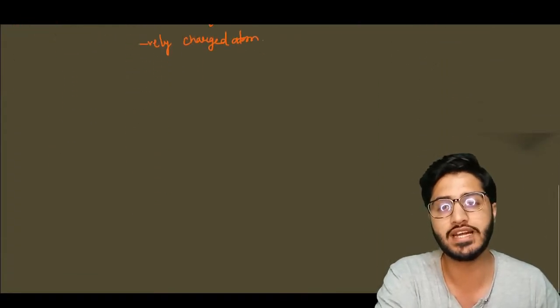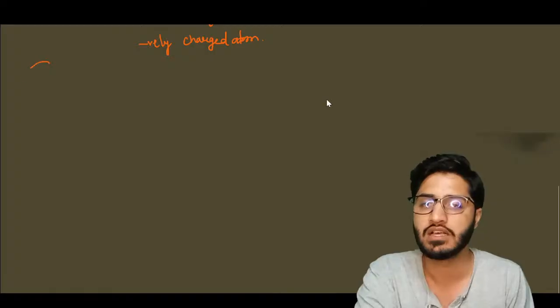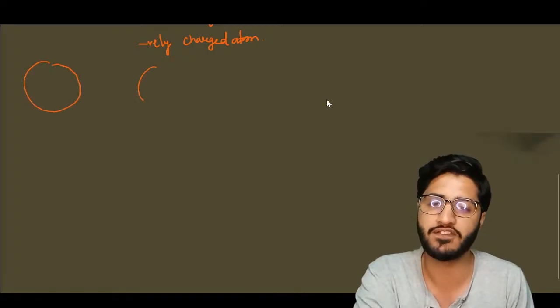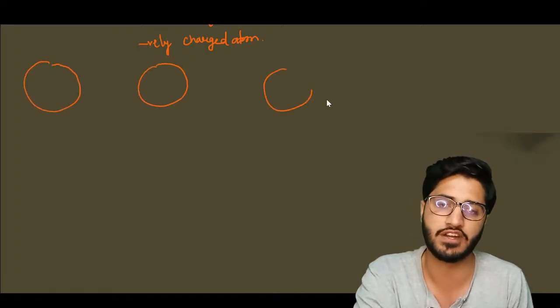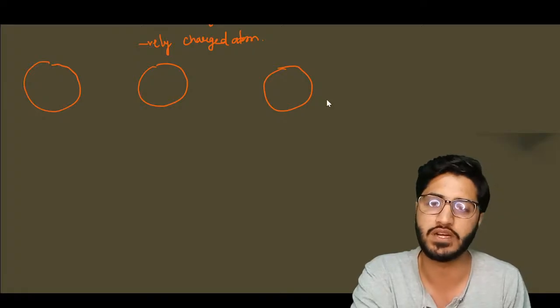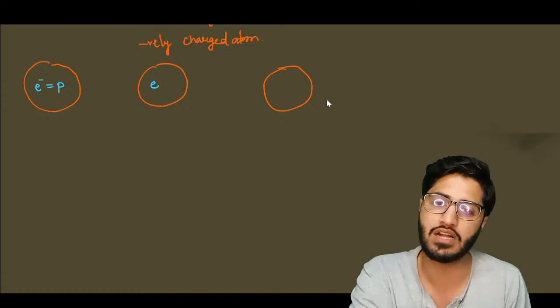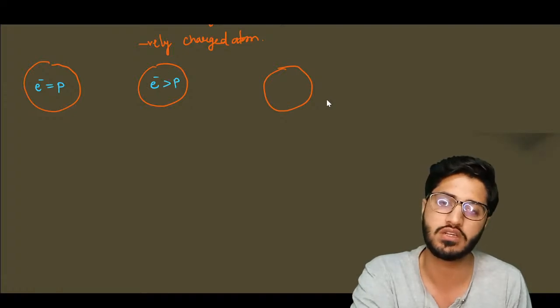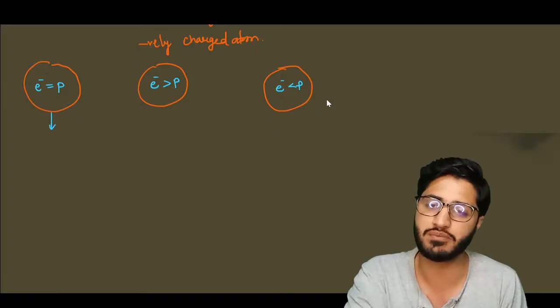So in a shortcut way, I will create three different situations. In the first one, I write electron equals proton. Second one, electron more than proton. Third one, electron less than proton. The first condition means this body is neutral.